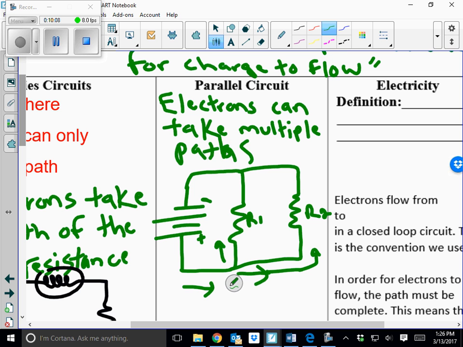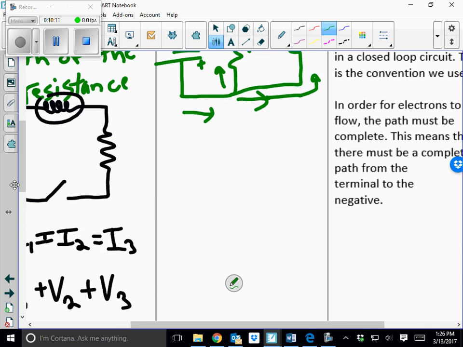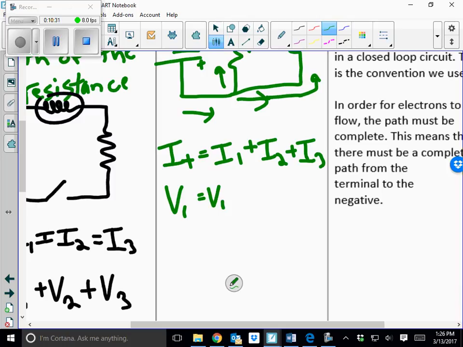and come back. And so, because I want to keep this video short, I'm just going to give you the equations, and then in the next video and probably in class, we'll go over why these equations are the way they are. So, our total current is equal to the addition of the currents in each of the parts of the circuit. Our total voltage will actually equal the voltage in each part. And just very briefly, the reason is that all of those parts of the circuit are connected directly to the battery.